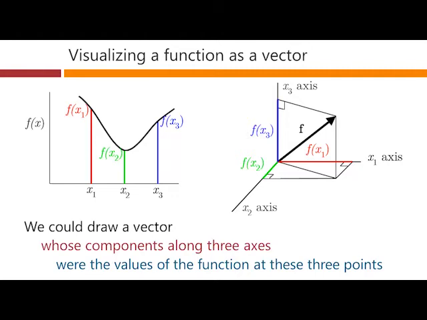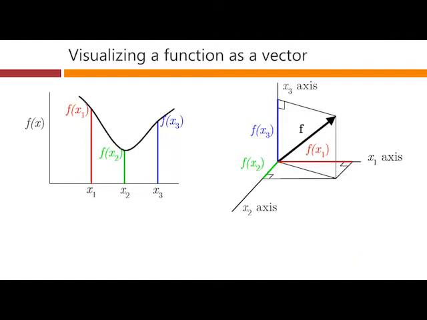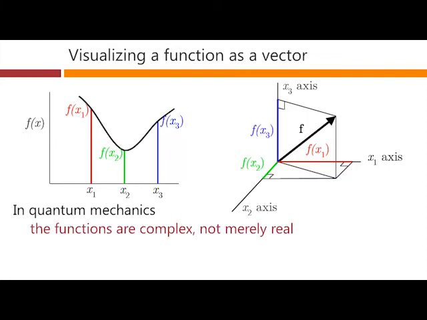When we've done this, we realize that if we want, we can think of this function as a vector in some space. As long as we only were using three numbers, of course, we can visualize this as a three-dimensional space. Now, of course, in quantum mechanics, one sophistication we have to deal with is that our functions are complex. They tend to have complex values, not merely real ones.